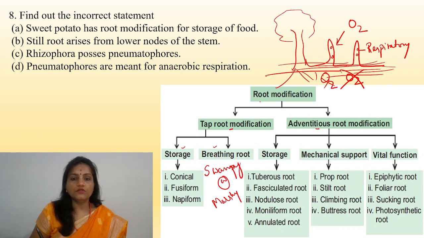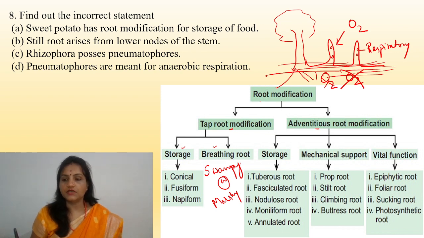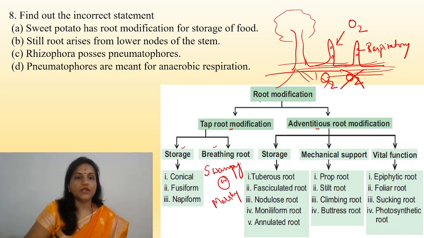Then adventitious root modification is for the purpose of storage, mechanical support, and other vital functions. Epiphytic root in case of orchids, foliar root in case of some plants that we discuss in the coming slides. We also come across the sucking root in Cuscuta, and photosynthetic roots are also present. Now let's crack the question. Sweet potato has root modification for storage of food. Yes, correct.